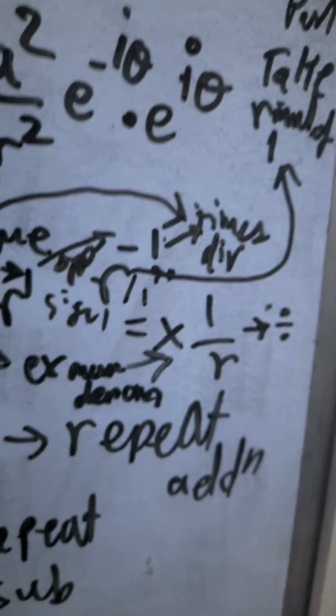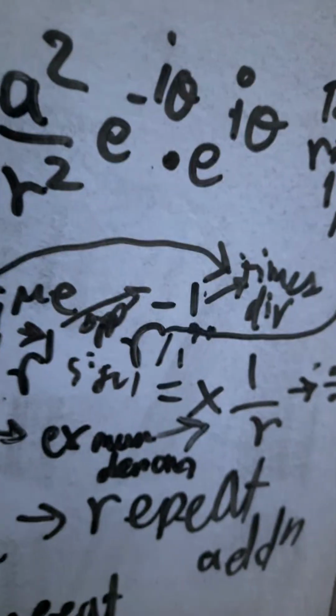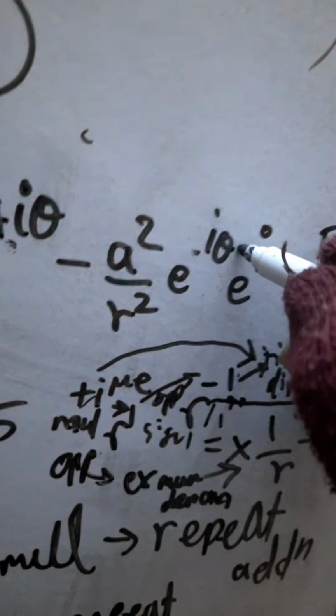So this balances the opposite: the opposite fraction balances the opposite of multiplication, which was division. So I can write dividing by r as multiplying by 1 by r. So what I did here is, e raised to minus i theta means I am dividing by e raised to i theta.